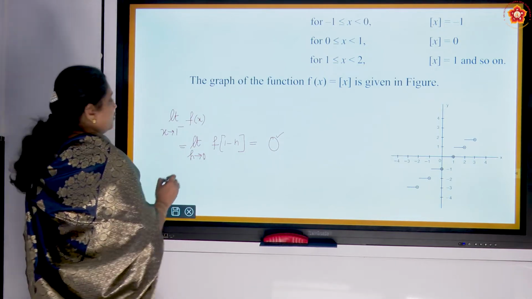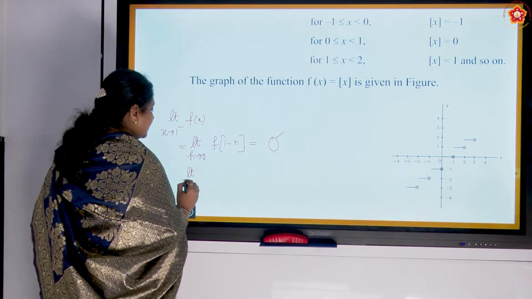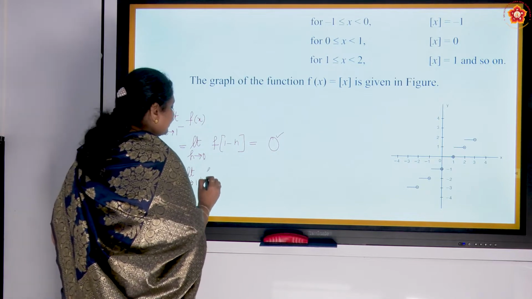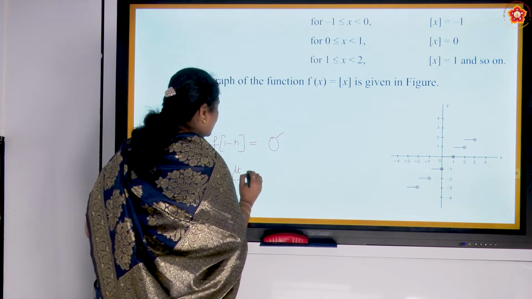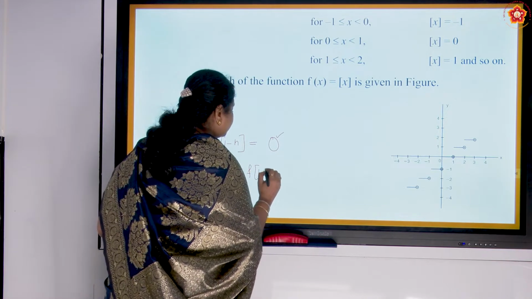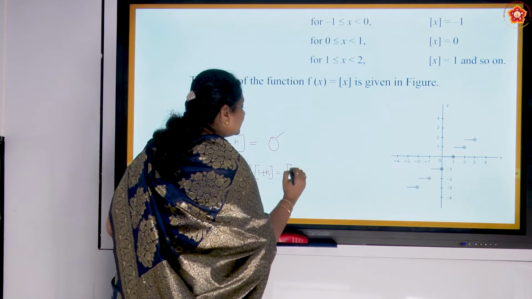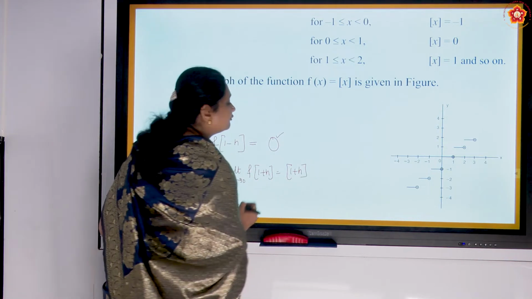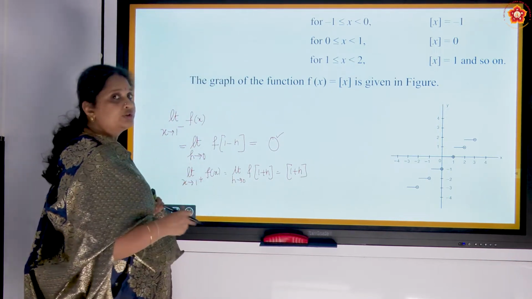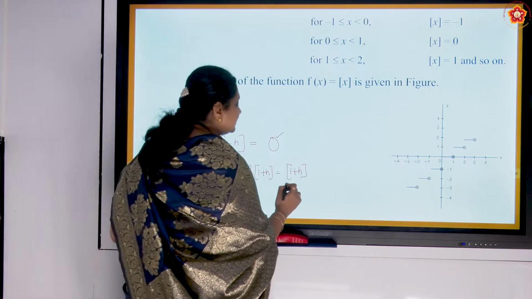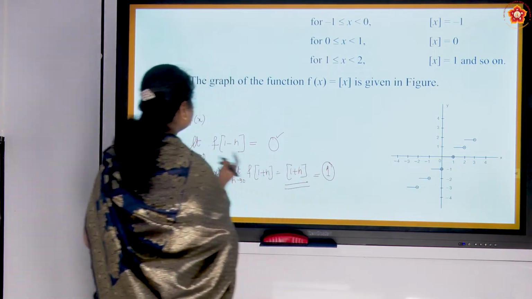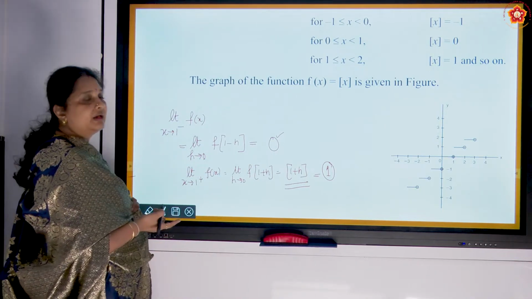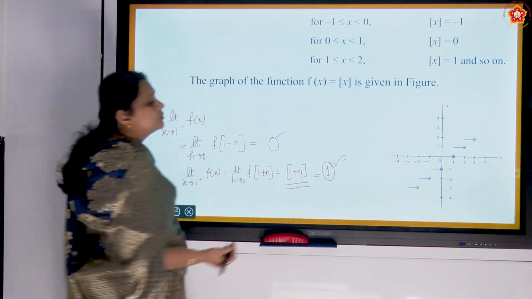Whereas when we see the right hand limit, x tending to 1 plus f of x is going to be limit h tending to 0 f of 1 plus h. So when I take the greatest integer function of 1 plus h, it's definitely going to be greater than 1. So the greatest integer value that it can take is going to be 1. So I can see that the left hand limit takes me to one value, while the right hand limit takes me to another value.